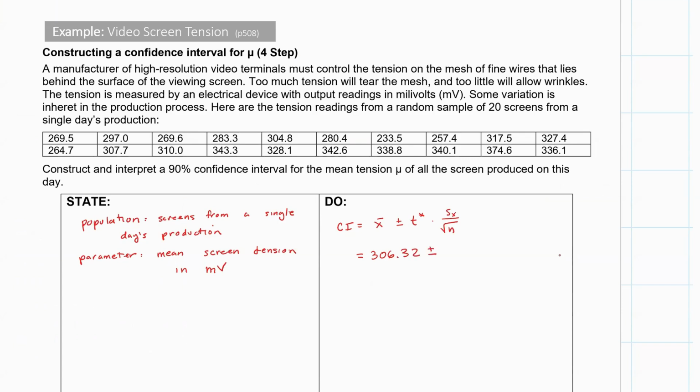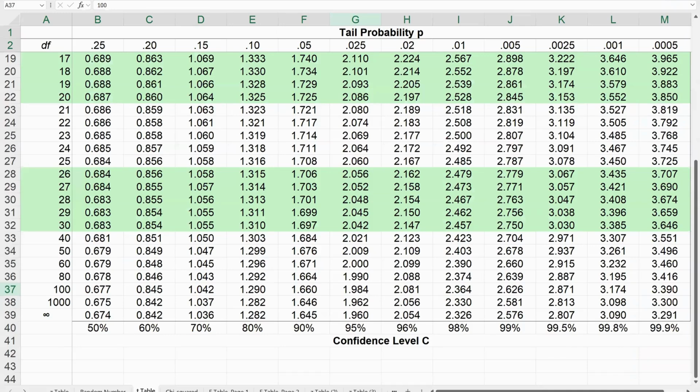We're going to add and subtract t star. Okay, we need a t star value as well. See, we got 90% confidence, and our degrees of freedom is 20 minus 1, which is 19. So we'll be looking for the intersection between 90% confidence and 19 degrees of freedom.